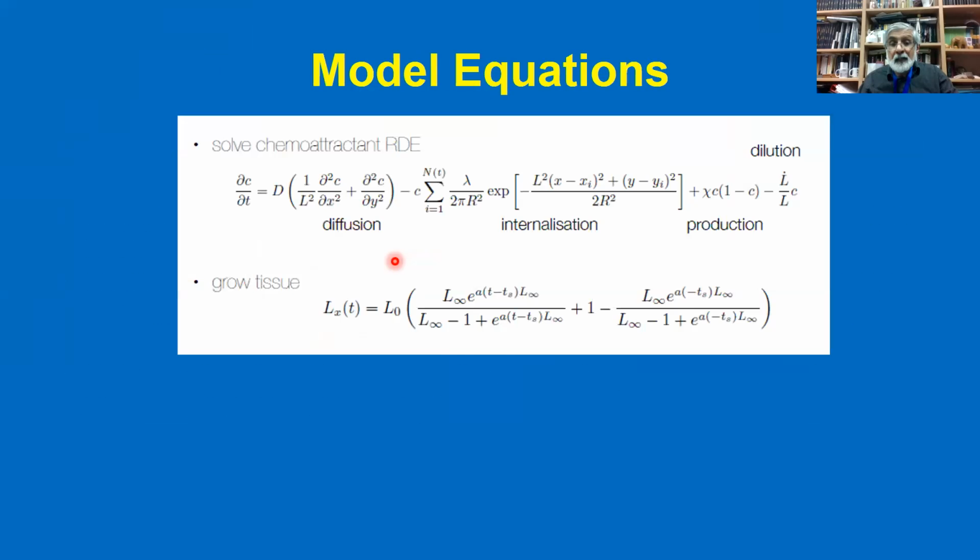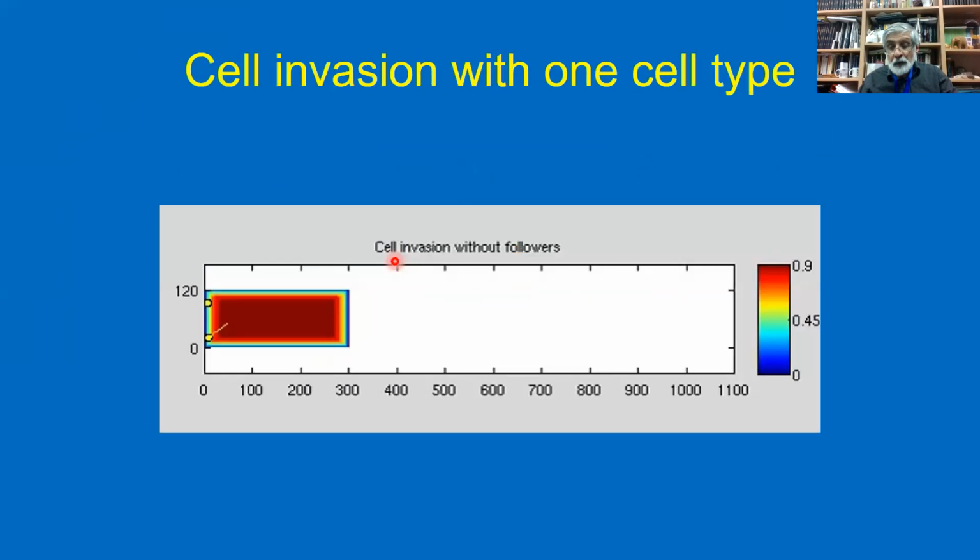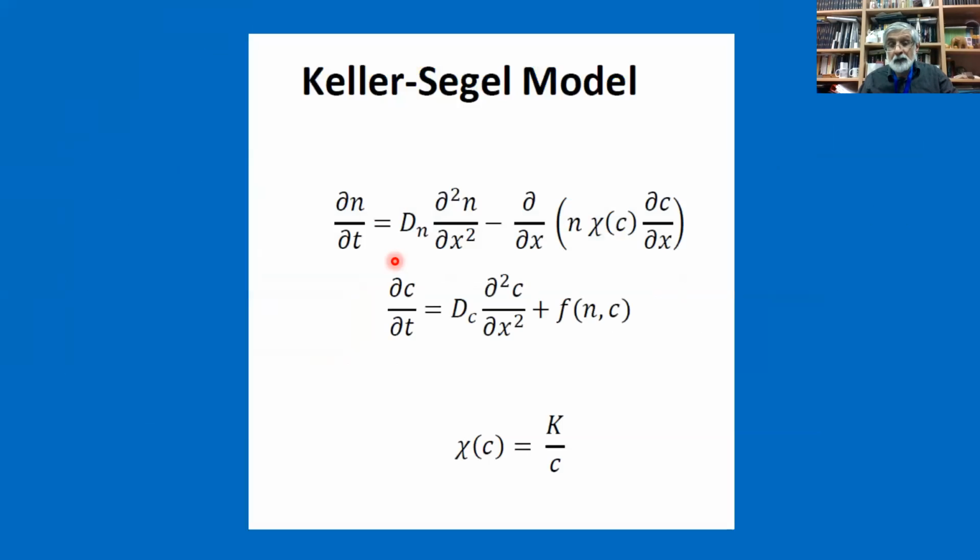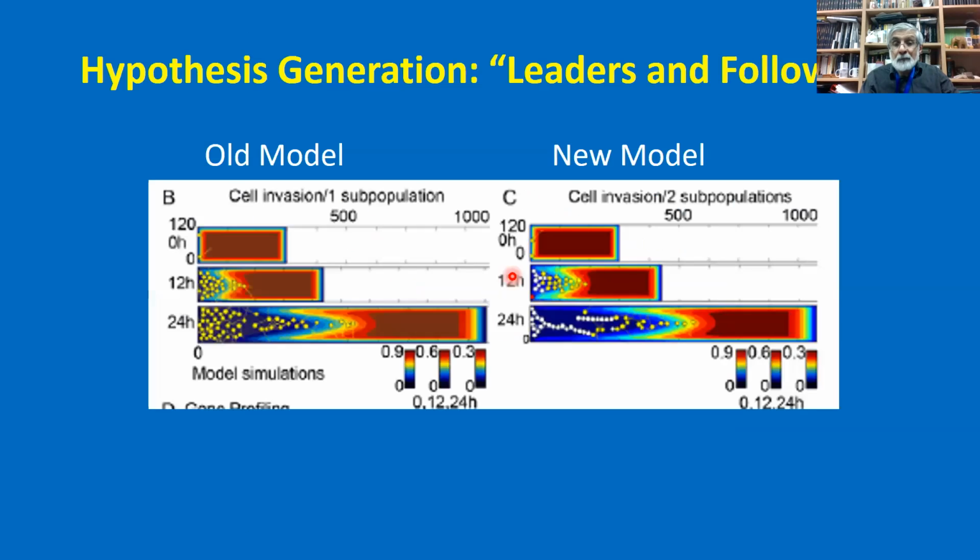Okay, so if we move along here, then we find that this doesn't work. And so we're still pursuing this sort of thing to see if we can understand what's going on. But then the first student who worked on this, Louise Dyson, proposed that if these cells at the back have got no chemoattractant to sense, what happens if they just sense the cells at the front and stick to them?